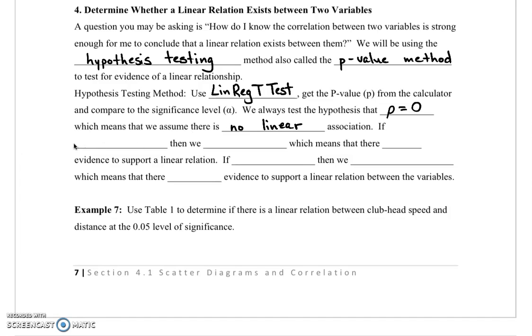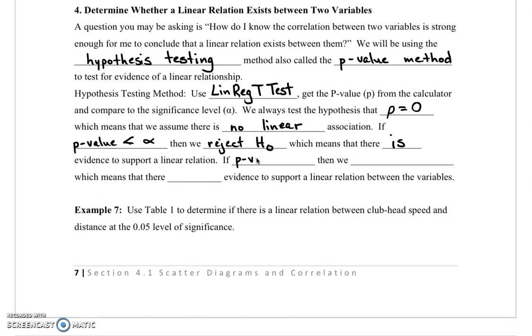Which means we assume there is no linear association. Just like in normal hypothesis testing, if the p-value is less than the significance level alpha, then we reject the null hypothesis, which means that there is evidence to support a linear relation.